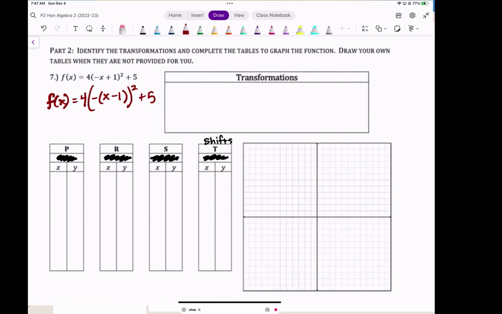So what's actually going on here? Well, I've got a 4. That's going to be a vertical stretch by 4. It's outside and it's being multiplied. I have this negative. That's a reflection across the y-axis. Now this minus 1 that used to be a plus 1 tells us that we're going to shift to the right.